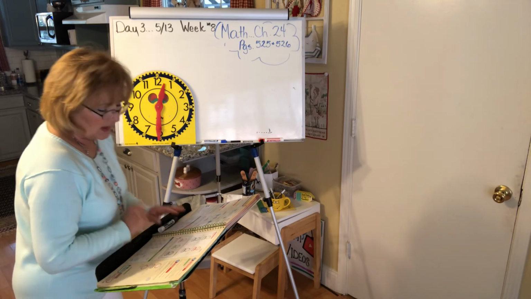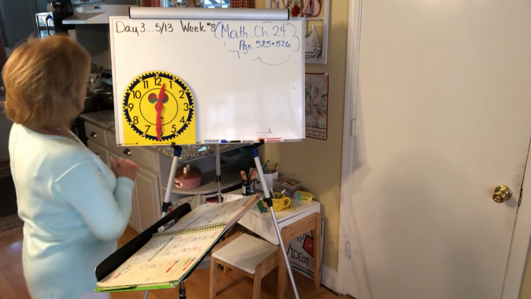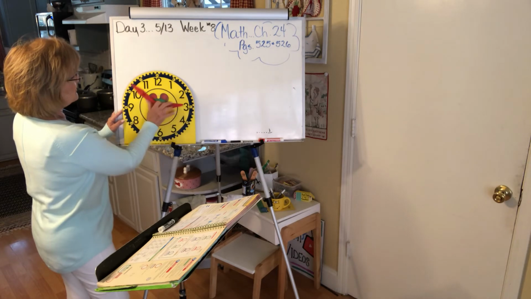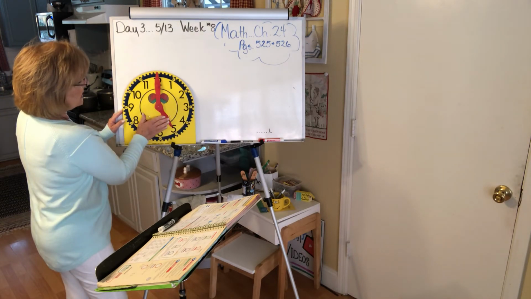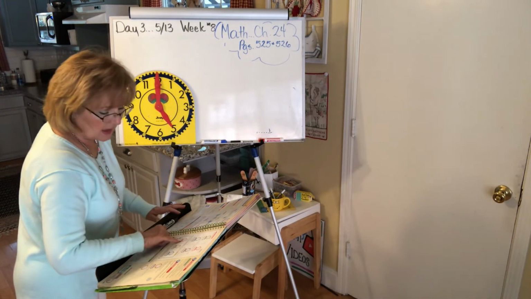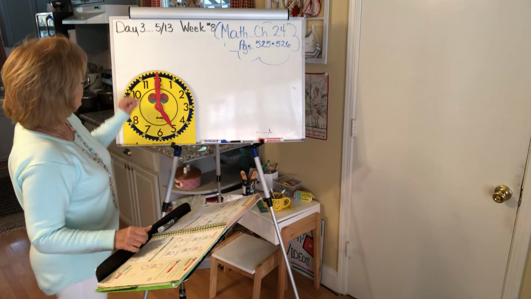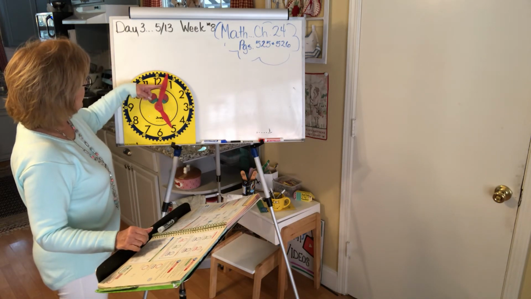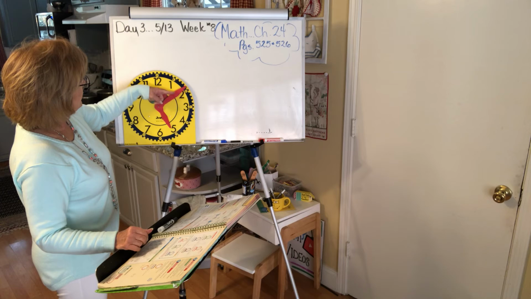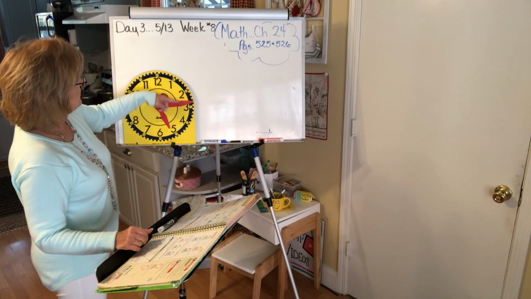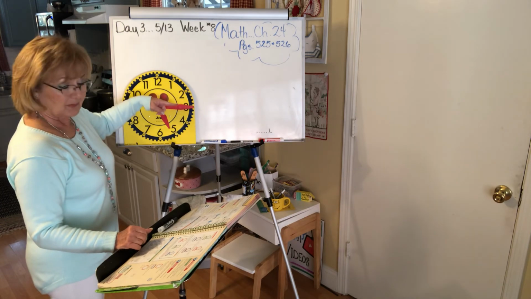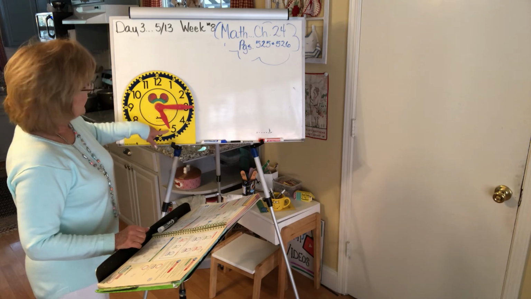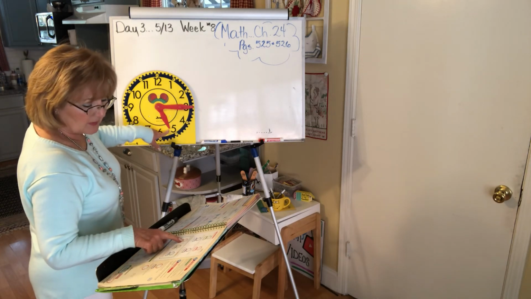Well, the hour hand was 5 o'clock, right? So let's make it 5 o'clock. And you tell me when to stop, because it's a little bit after the 5, but not a lot. So, when should I stop? Stop. Good. See, the hour hand is a little bit after the 5.